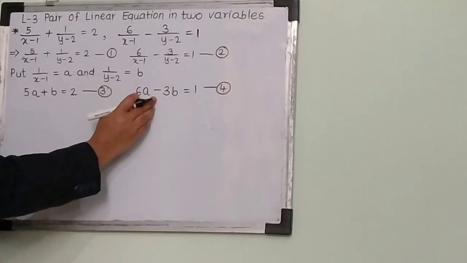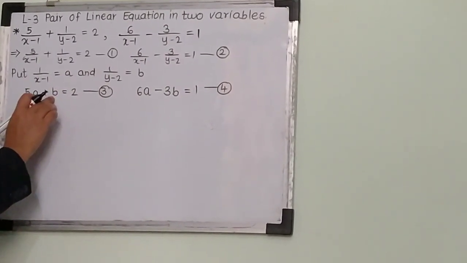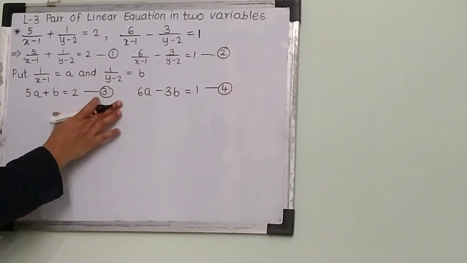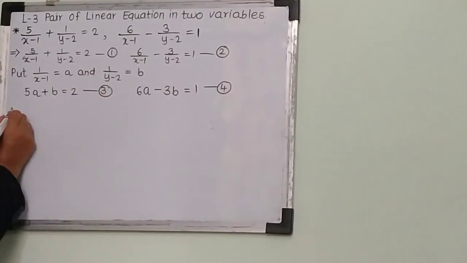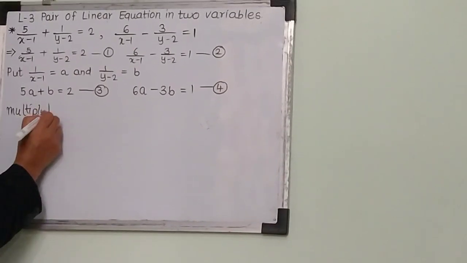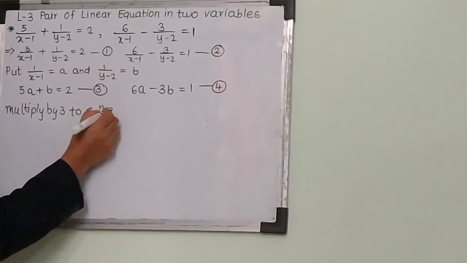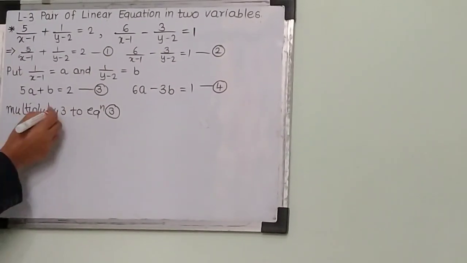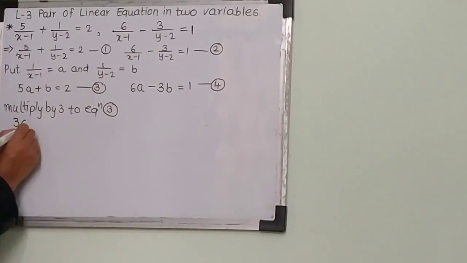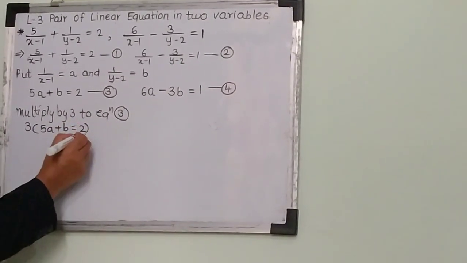For elimination, I am going to equate the coefficient of b as same for both the equations. So here I have to multiply equation 3 by 3. So my third equation becomes 3 into 5a plus b equals to 2.